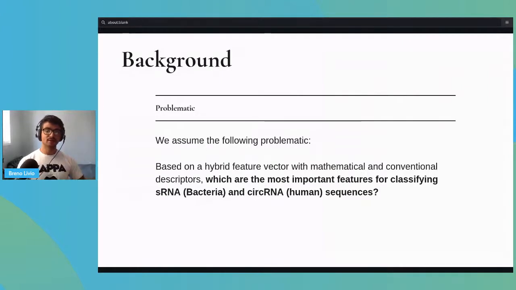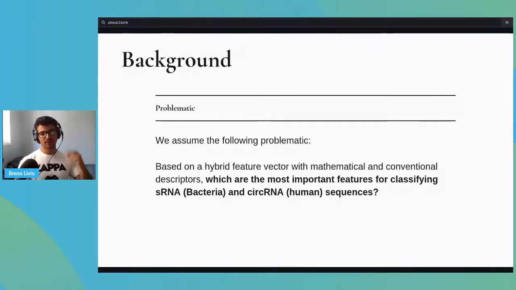Therefore, there is increasing demand for interpretable computational methods involving the understanding of the best features. In this study, we propose a pipeline using hybrid feature vectors, combining the mathematical descriptors, which are little covered in encoding RNA, and the conventional descriptors.